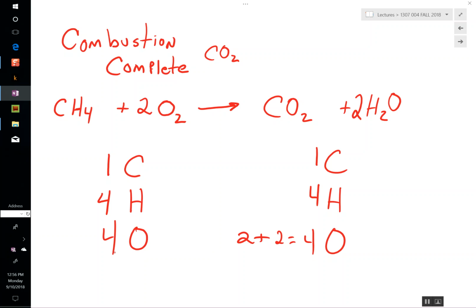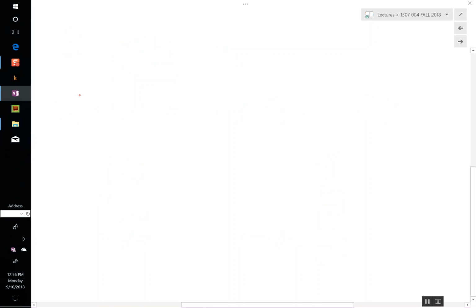Another way to do it is to just roam around aimlessly for 30 minutes and say, no, the carbons are out, the hydrogens, the oxygens are back out. And it's a dog chasing its tail. This is a dog that knows where the rabbit is and is heading for it. So you do this one. This is the complete combustion of propane.